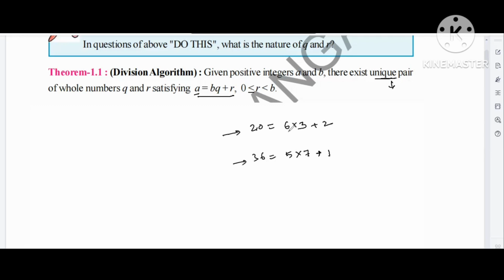Here you can observe that this is the dividend, and this is called divisor. So you can always observe that this is the remainder. This remainder is always less than the divisor.